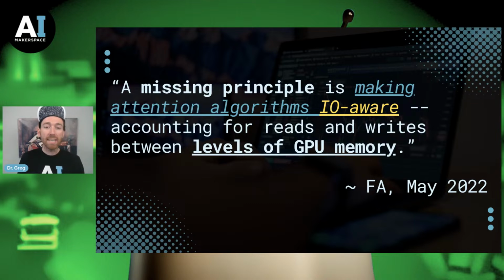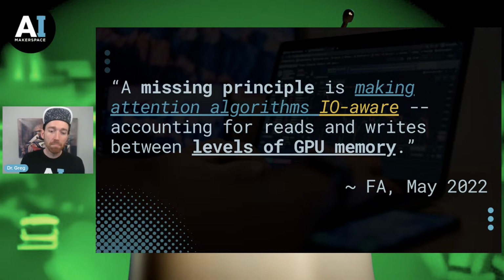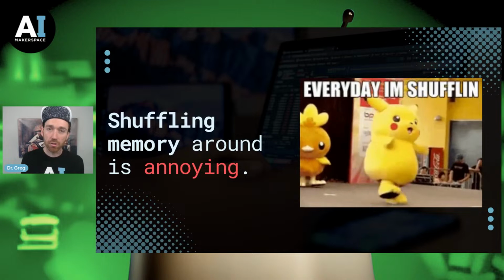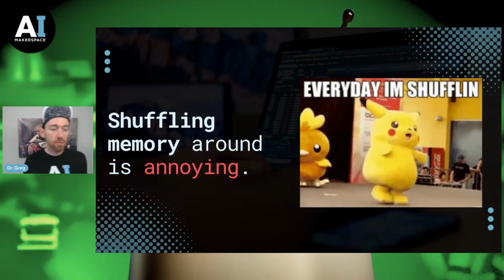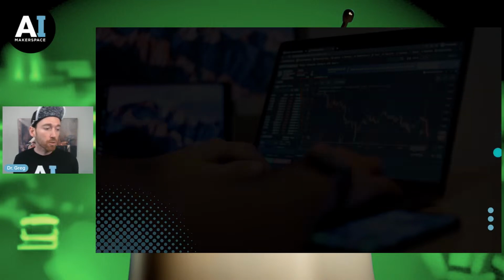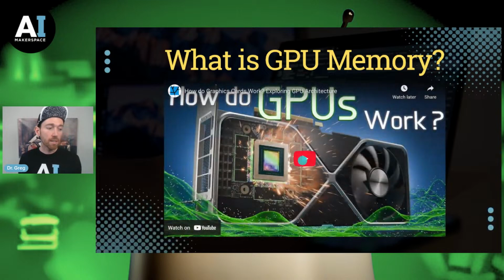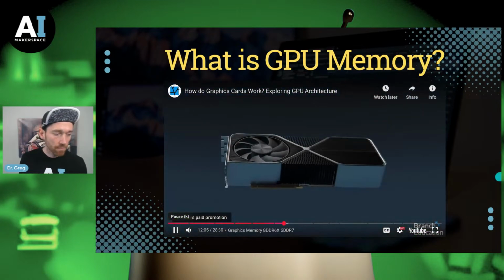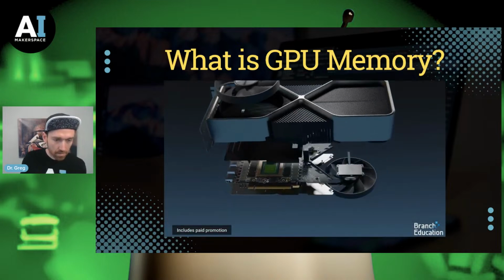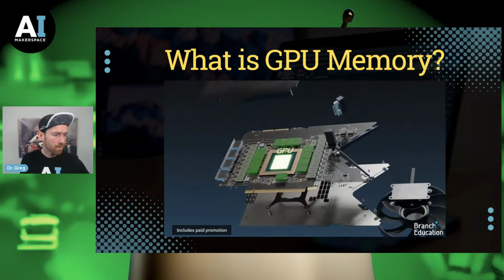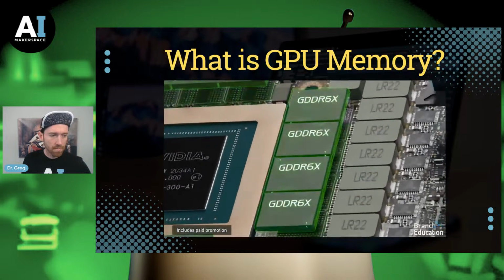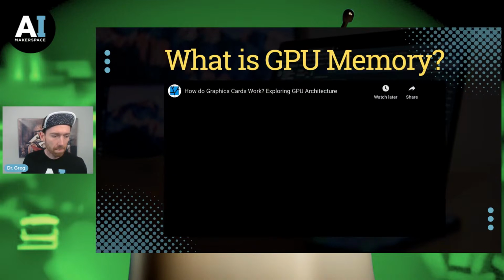So we want to be able to account for reads and writes between levels of memory, because shuffling memory around is annoying. And this is where we have to start zooming in on GPUs themselves. Just to be super clear about what we're talking about here, we need to root ourselves in the hardware a bit. Perhaps some of the most important components, aside from the GPU, are the 24 gigabytes of graphics memory chips, which are technically called GDDR6X.